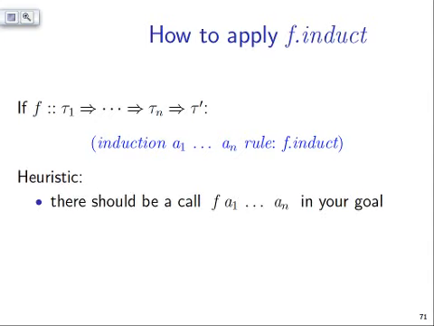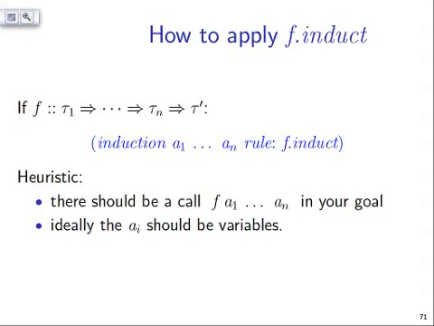The heuristic is that in your proposition that you're trying to prove, there should be some call of the form f of a1 to an. And then you just take these arguments, give them to the induction command, and say, please use the induction schema associated with f. And ideally, the ai should also be variables. Otherwise, it won't work so well.